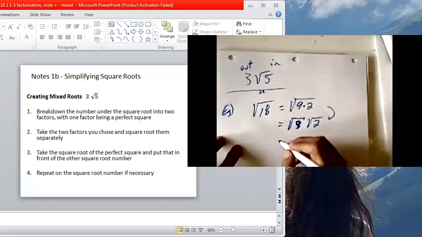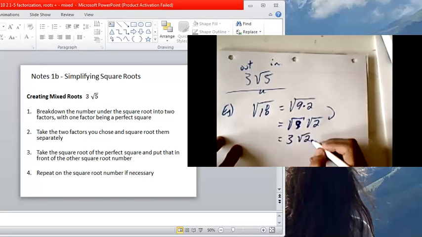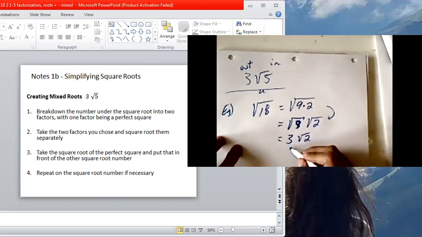Okay. Number 3, then we take the square root. Square root of 9, 3. Square root of 2 like that. Number 3 also says put the perfect square first so that the outside number is in the front, but you can just arrange that.